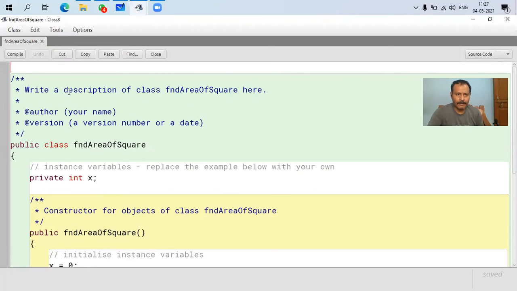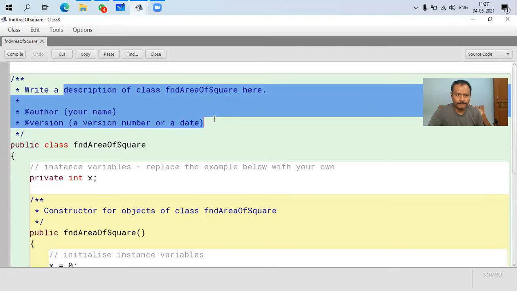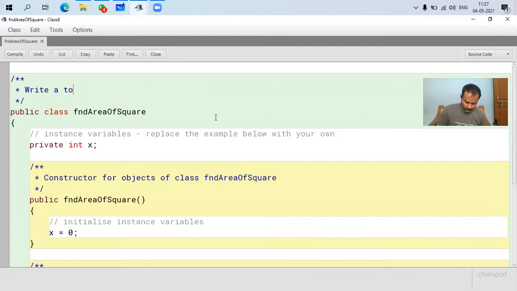For that, write a program to assume the side, there is only one, of a square and calculate the area and perimeter.